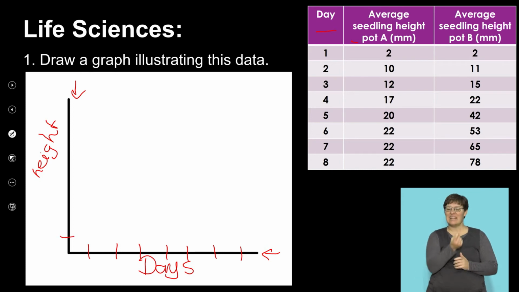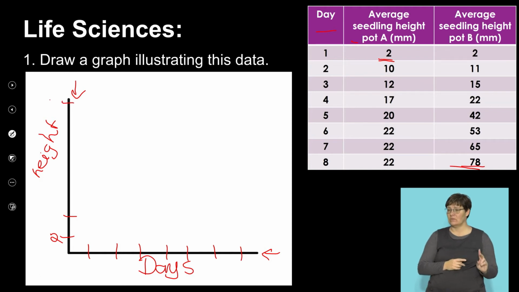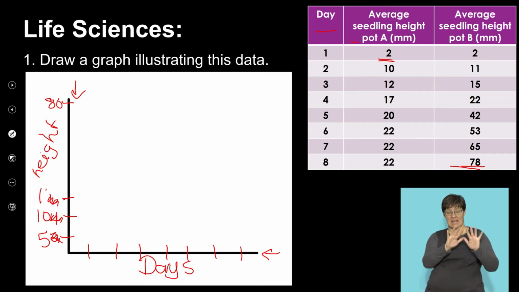And you're going to look and see your smallest height was 2, your greatest height is 78. So let's start with 2 and let's go up to 80 and let's decide, are we going to do these 2, 4, 6, or are we going to say that our smallest value is going to be 5, 10, 15?